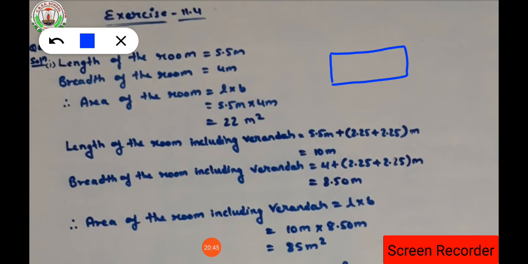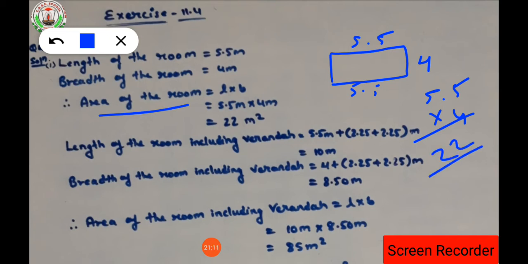Length of the room is given as 5.5 meter and breadth of the room is given as 4 meter. If we are going to find the area of the room, length and breadth will be multiplied. So 5.5 will be multiplied with 4, we will get 22. So the area of the room is 22 meter square.